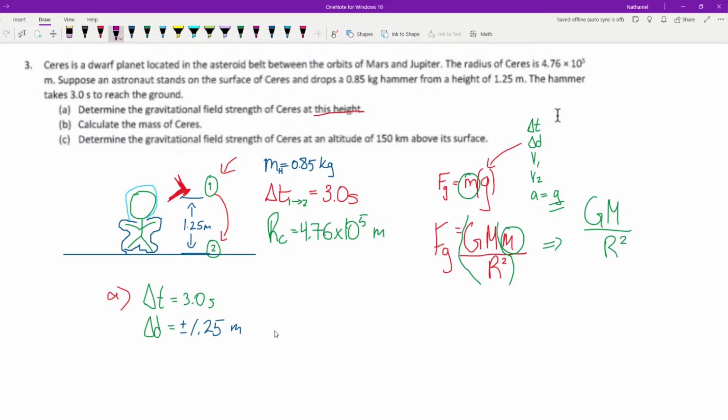It actually doesn't matter for delta d. But the real question is, up or down? If I choose up to be positive, then the delta d here was down, so it was negative. Okay? So actually, I'm going to make my life easy.